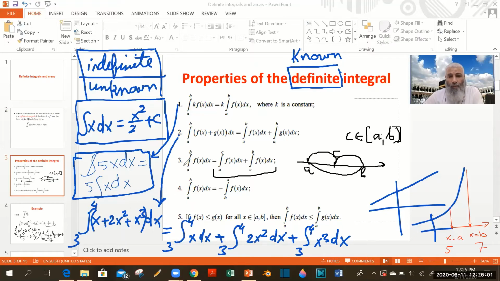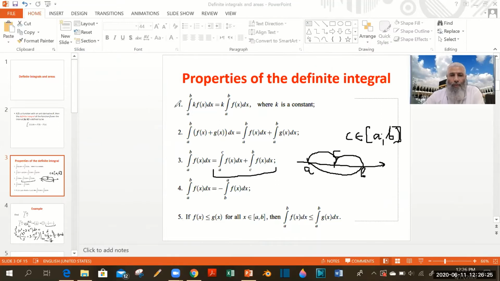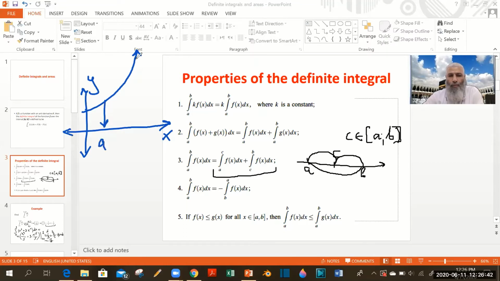Rule number 3: the integration from a to b of f of x dx equals the integration from a to c of f of x plus the integration from c to b of f of x dx. What does this mean? This means I'm doing the integration of this curve from a to b here.